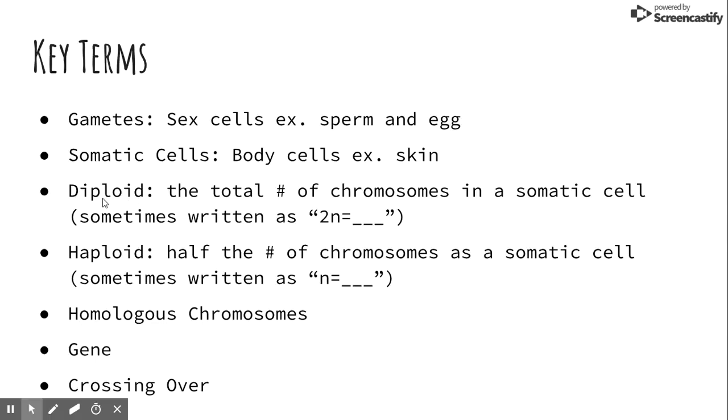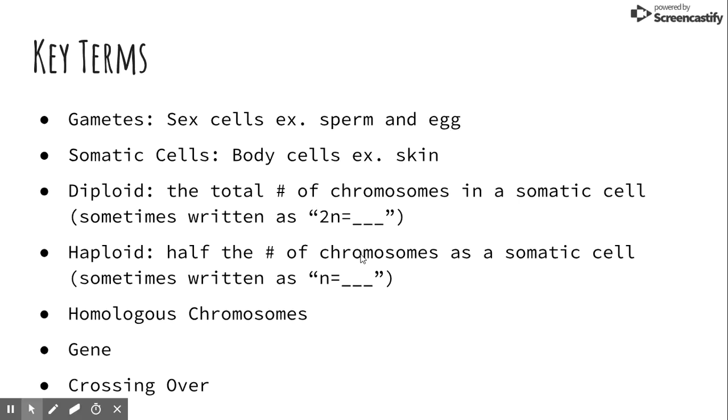Ploid is referring to the number of chromosomes. So a somatic cell, a body cell, is diploid. It has 2 versions of each chromosome. So we write it as 2n, and that equals a number. So we could say something like the 2n number of humans' chromosomes is 46. That's our 2n number, our diploid number.